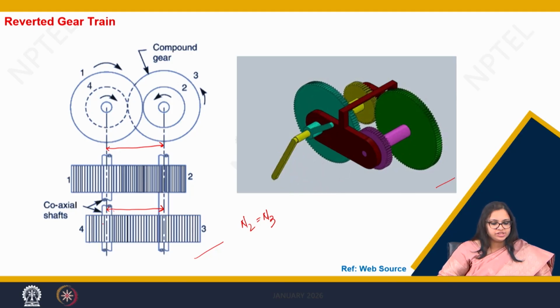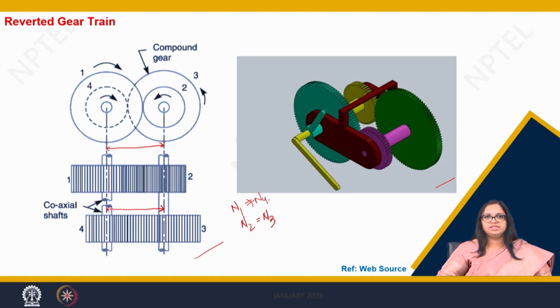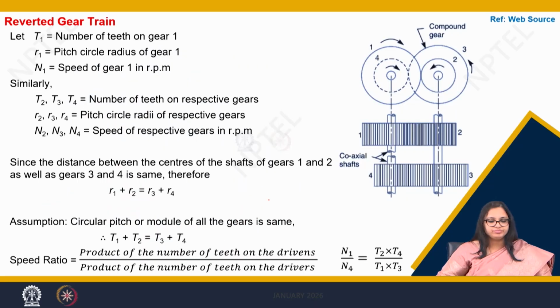Now it is in mesh with gear 4, which will be rotating now in clockwise direction. So the direction of gear 1 and gear 4 will be same, but their speed will not be same. So my N1 will not be equal to N4. That is the condition of a reverted gear train.